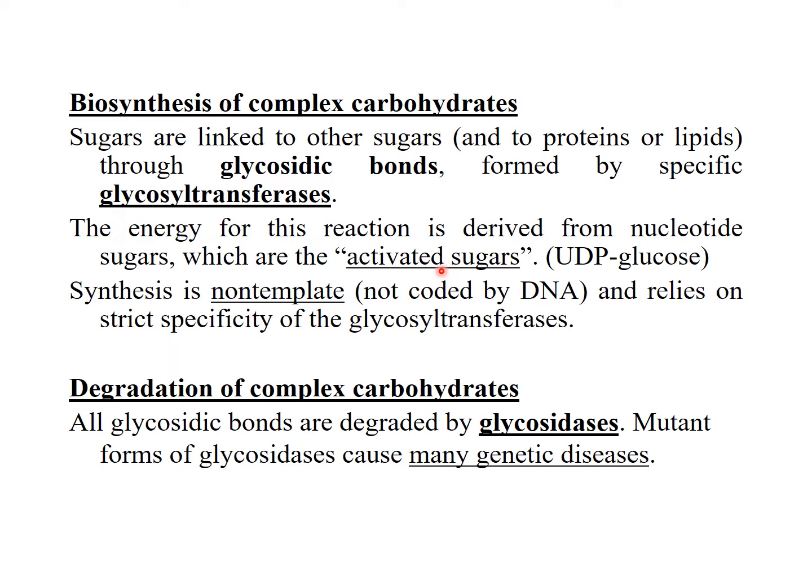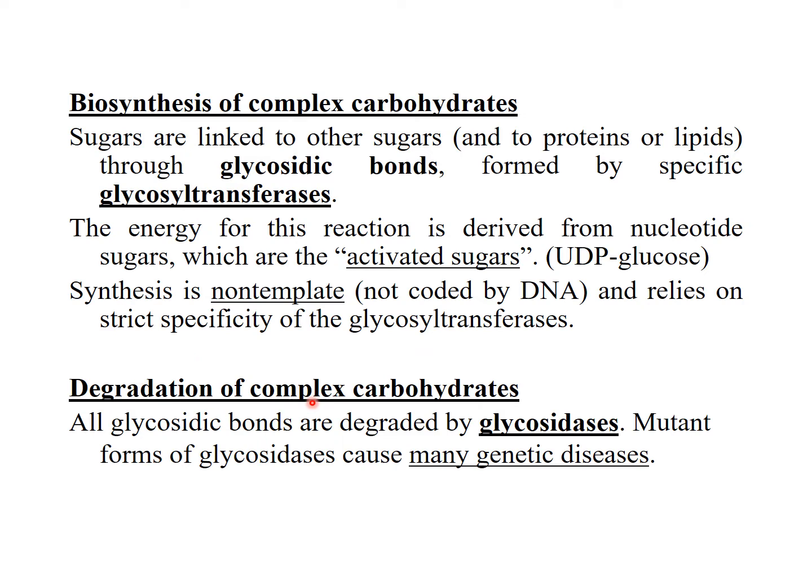These are activated by nucleotides, so they are nucleotide sugars. It could be UDP, it can be CMP, etc. What you need to remember: activated sugars and glycosyl transferases need to be working to assemble the unit that you want to put on the protein, and the enzyme which will actually join that carbohydrate to the protein.